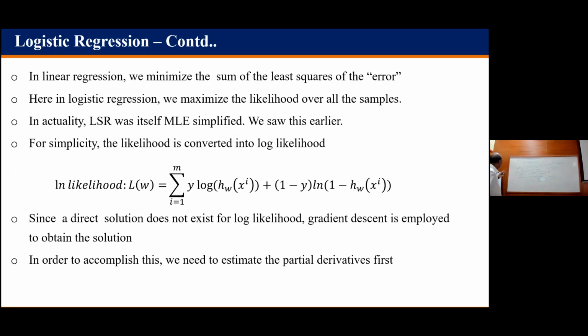We approach it numerically, but before that, we convert it into the ln of P of W. So the ln of P of W equals L of W, equal to the sum from i equal to 1 to m. If you do that, what you get is the y term plus the second term.